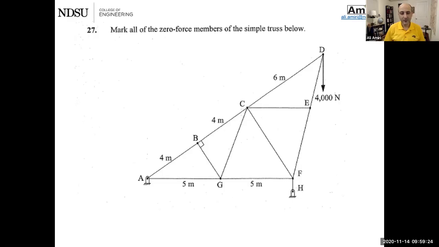Okay. 0 force members are the ones that are not carrying any load. Or if you write an equation for them, draw a free body diagram of a joint, the forces that you're going to find in them are going to be 0.